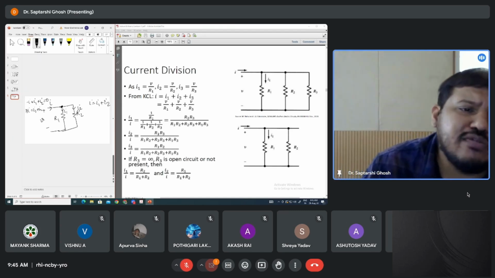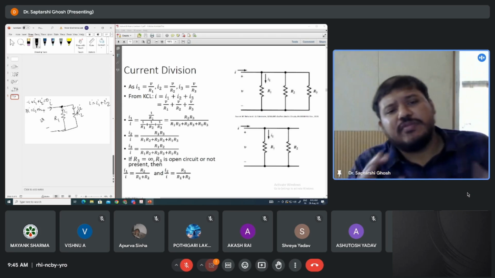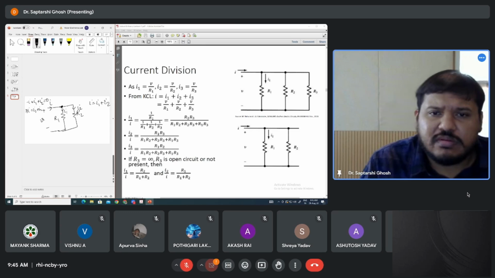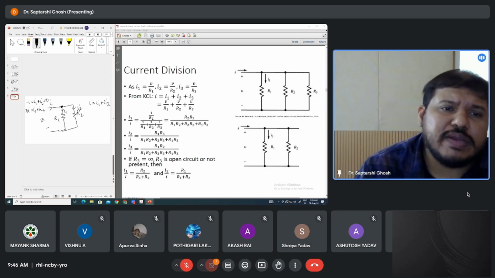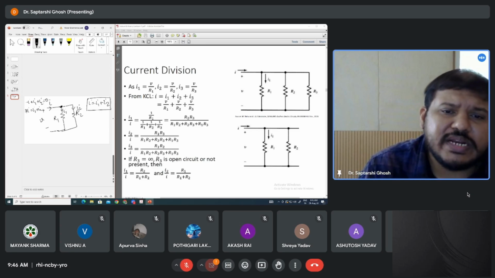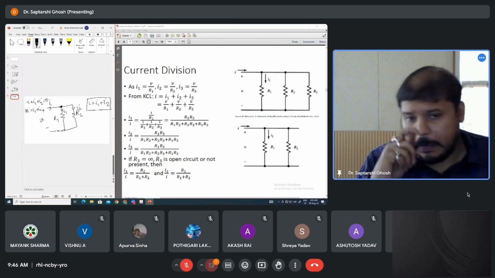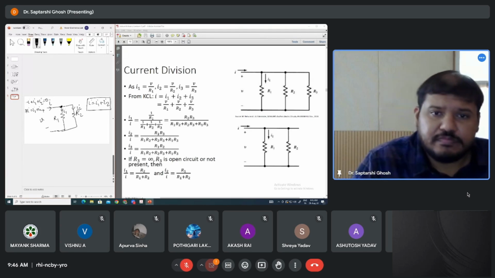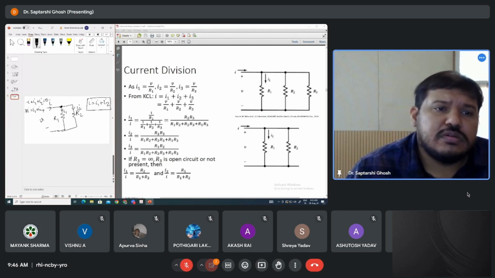Now, what will be the values of I1 and I2? That is our main focus here. So here there is no element.